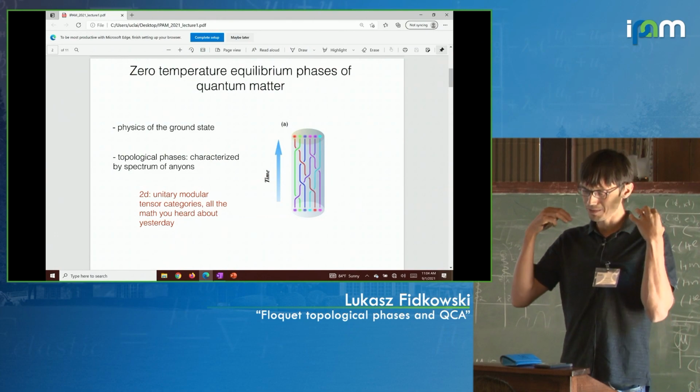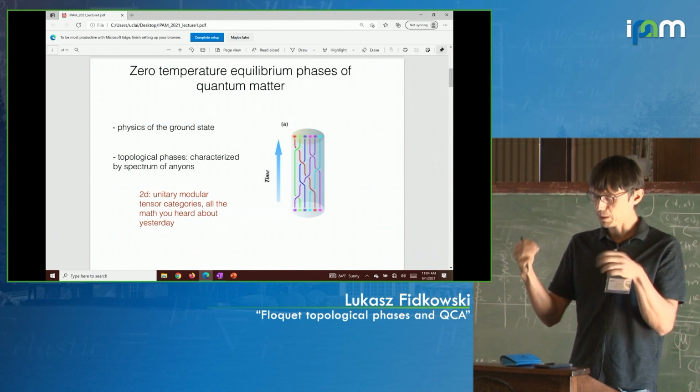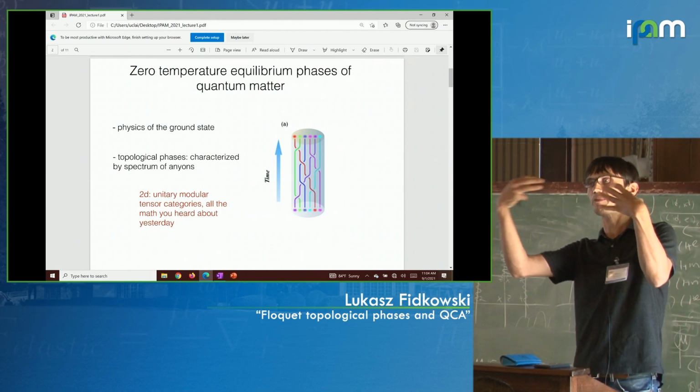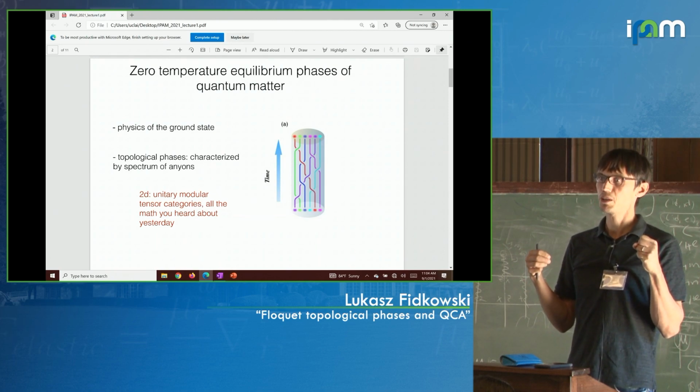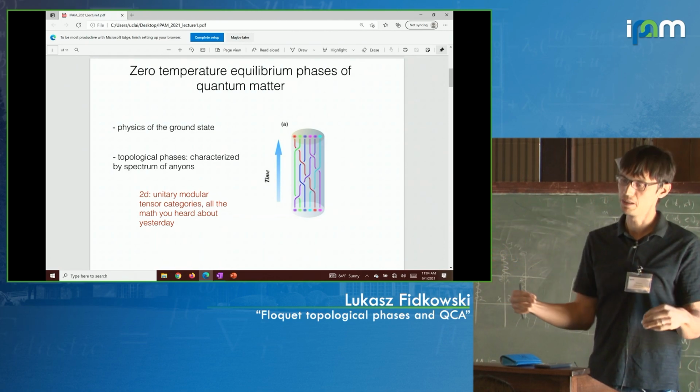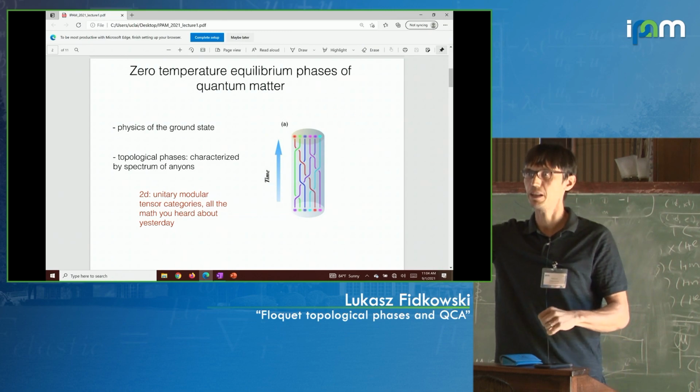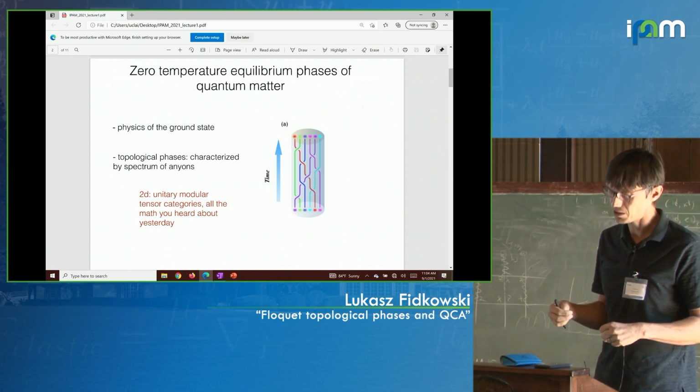It's really just physics of the ground state, maybe with some finite number of excitations on top of it. But it's basically at zero energy, not at finite energy density.